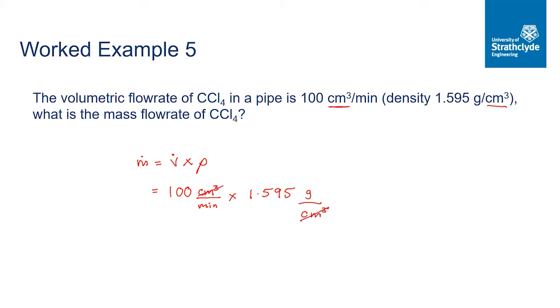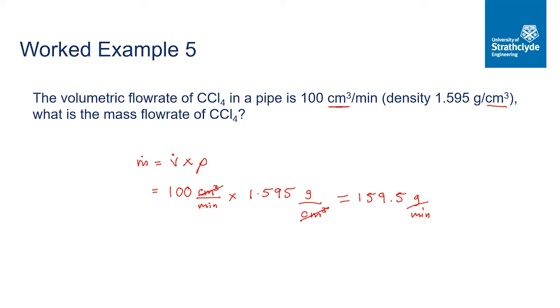Centimeter cubes cancel out, and we obtain 159.5 grams per minute.